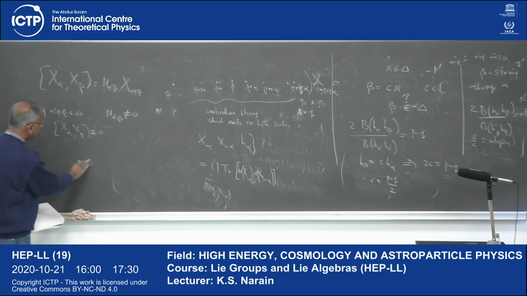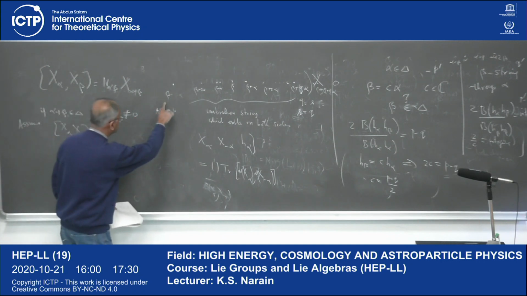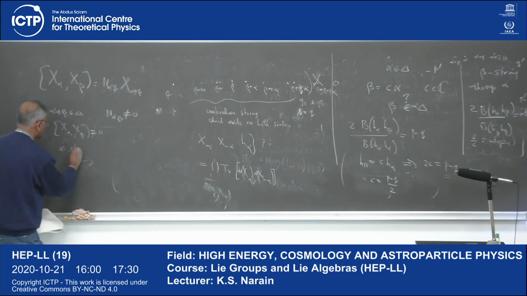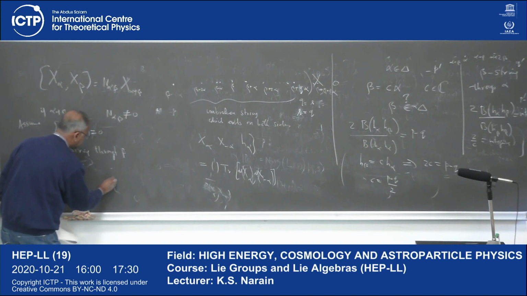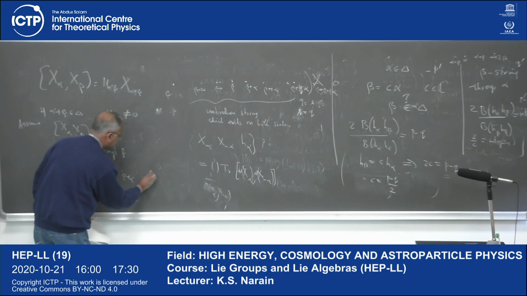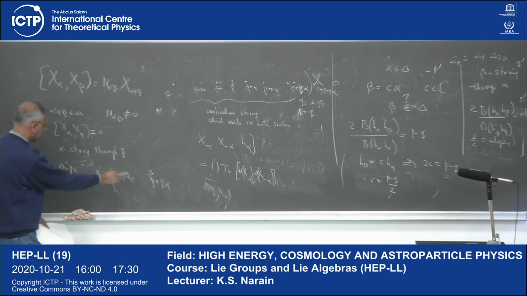In that case, I can take this alpha string through beta, which was, as we said, beta minus p alpha, and the next one, and so on and so forth. Then you have a beta here, beta plus alpha, beta minus alpha, and all the way up to beta plus q alpha. This was the original string.